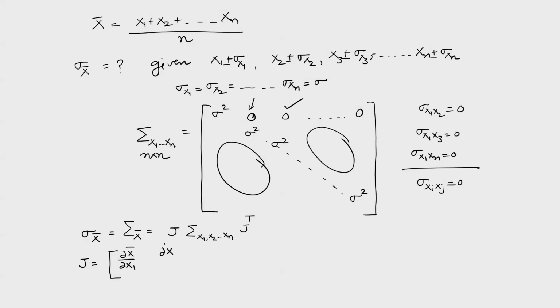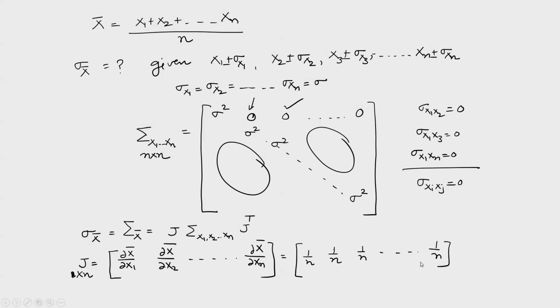It is dou x bar by dou x1, dou x bar by dou x2, and dou x bar by dou xn. The matrix size will be 1 row and n columns, 1 upon n, 1 upon n, 1 upon n, n times like this. Check yourself, are you getting it or not? Same way now I can construct the transpose of J, which will be the column matrix.